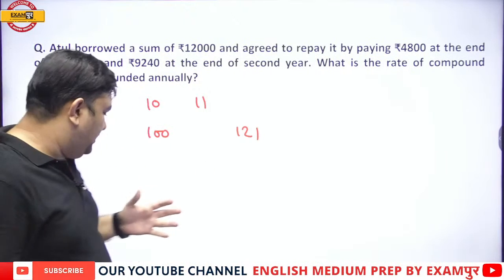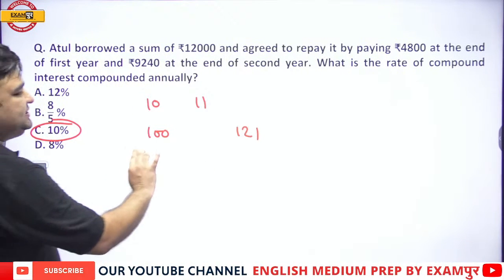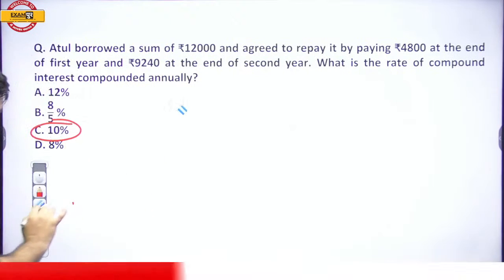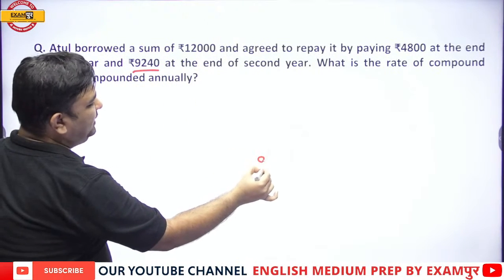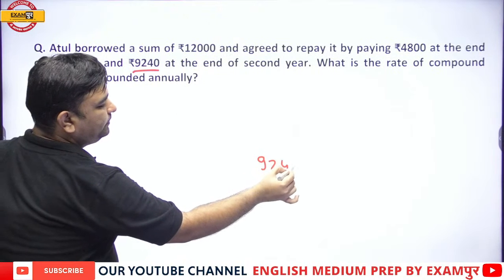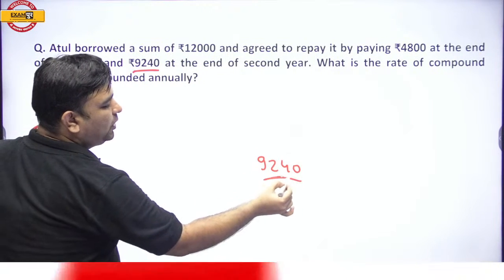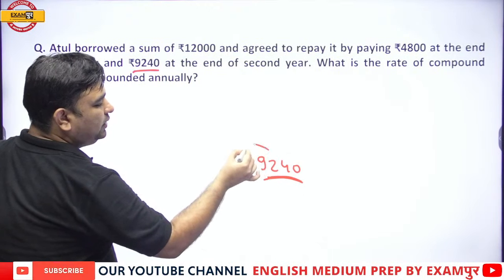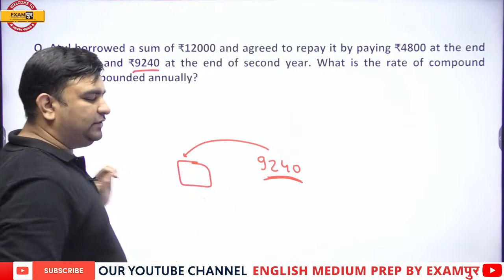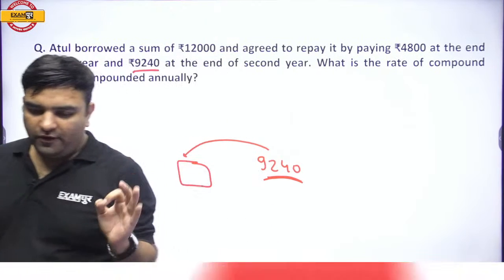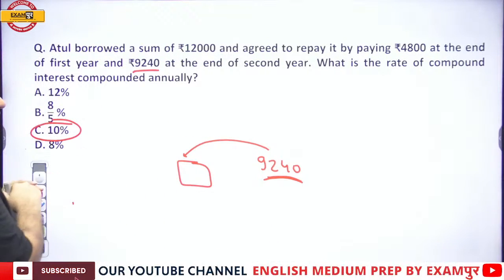Let's see how you will approach it. Let's see with me. At the end of the second year, you are paying 9240. So what would be this value in the beginning of the second year?